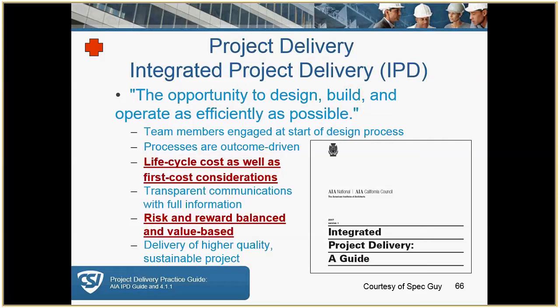Important to note, life cycle cost as well as first cost considerations, risk and reward balanced and value based. And again, the idea of one contract is that we all share in that reward. So we all share in the success, and we all share in the reward if there are bonuses for early delivery.